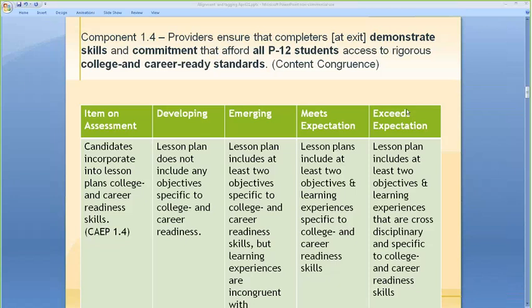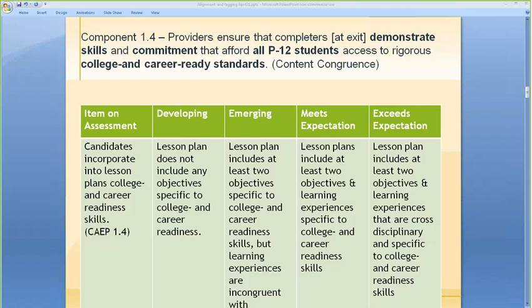Along the 4 categories across the top of developing, emerging, meets expectations, and exceeds expectations, you see what the observers, whether college supervisors or cooperating or mentor teachers, would note. In the first, the lesson plan doesn't include any objectives specific to readiness.